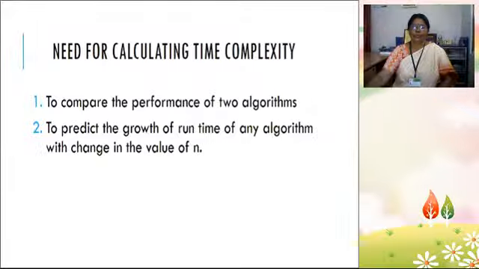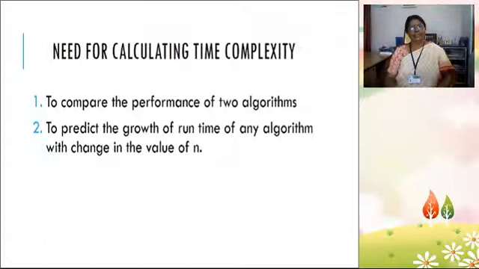Then before defining the asymptotic notations, let us see what is the need for calculating the time complexity. This question should be asked earlier, before we discuss the time complexity. So we need to compare. First of all, we need to assess the performance of any algorithm. And when you have 2 algorithms, we need to compare which algorithm is better for the same problem, right? So to compare the performance of 2 algorithms and to predict the growth of runtime of any algorithm with change in the value of n.